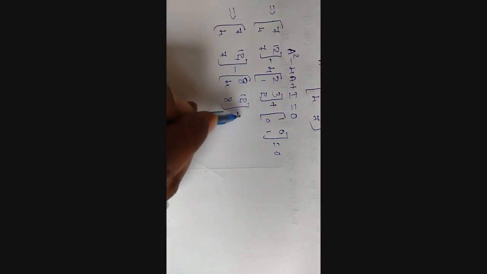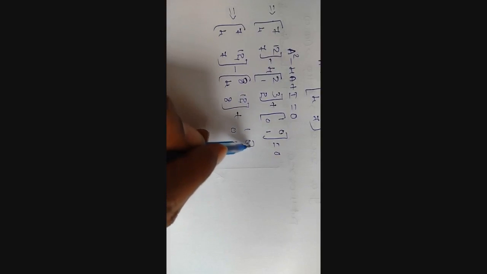Which implies 7, 12, 4, 7 minus 4 multiplied by 2, 3, 1, 2, that is 8, 12, 4, 8, plus 1, 0, 0, 1.